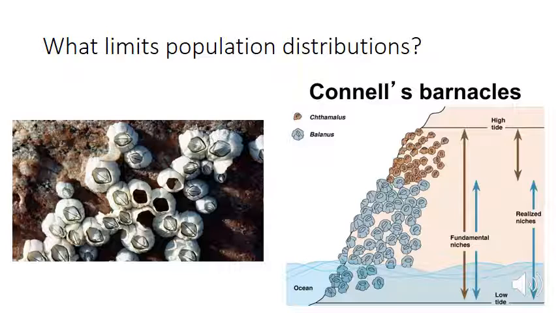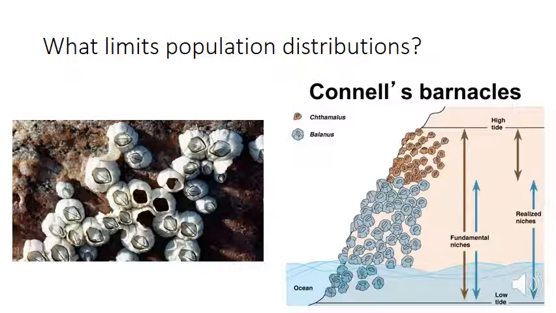But what Joseph Connell did was he transplanted some of those brown barnacles into the lower portion of the shoreline where the grey barnacles are, and he found that if he transplanted them there, they would survive there perfectly happily. And so what he realised was those brown barnacles were not excluded from the lower portion of the beach because of any physical factor of the environment.